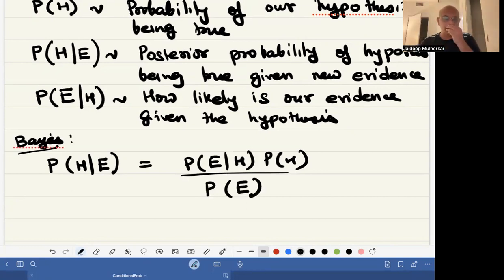Of course we need the probability of E to be greater than 0 over here.